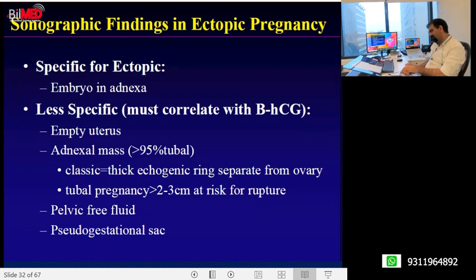Now, everybody knows the pseudogestational sac, but I am sure that not more than 5% of candidates are very clear about it. Let us first clear the funda of what this pseudogestational sac is.